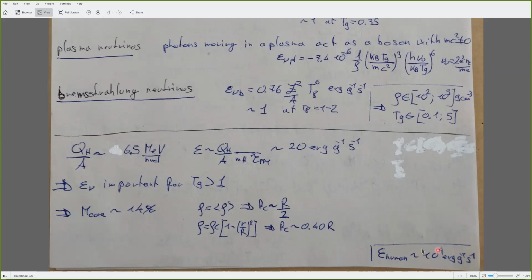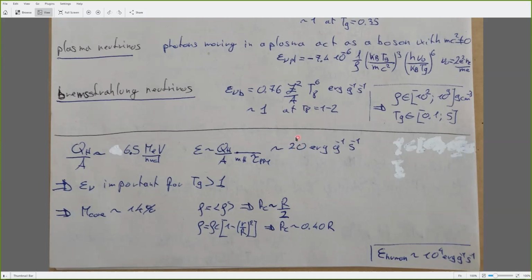Just a fun fact: the energy production rate for a human is 10 to the 4th erg per gram per second, definitely higher. It's about 500 times that of the sun, but we have definitely less mass, so we are not shining.